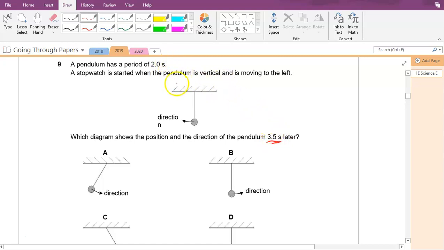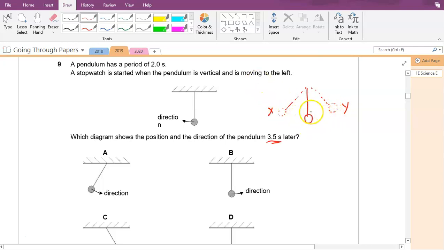Let's think about the motion of a complete oscillation. Let's take the extreme motion of the pendulum. If it starts here, the left extreme will be over here. Let's call this X. The right extreme will be over here, called Y. That means this is the maximum left position it will go, and this is the maximum right position it will go.